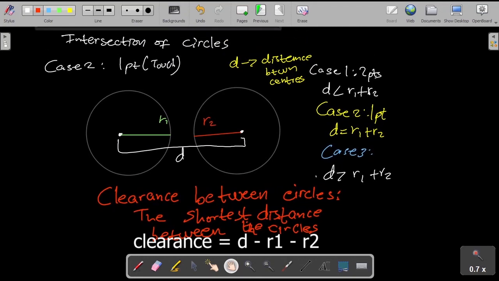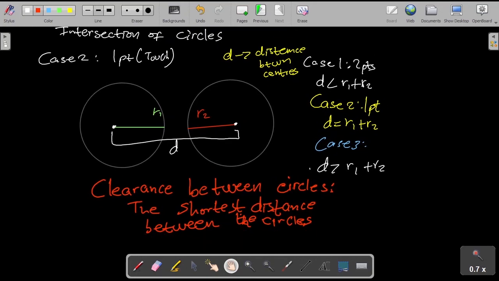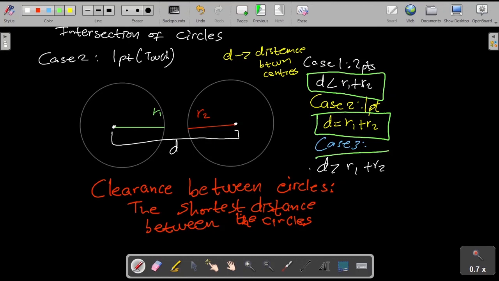And I've now effectively talked about the three cases that you can expect and how you actually check whether you have a case of 2 points of intersection, 1 point of intersection, or no intersection at all.